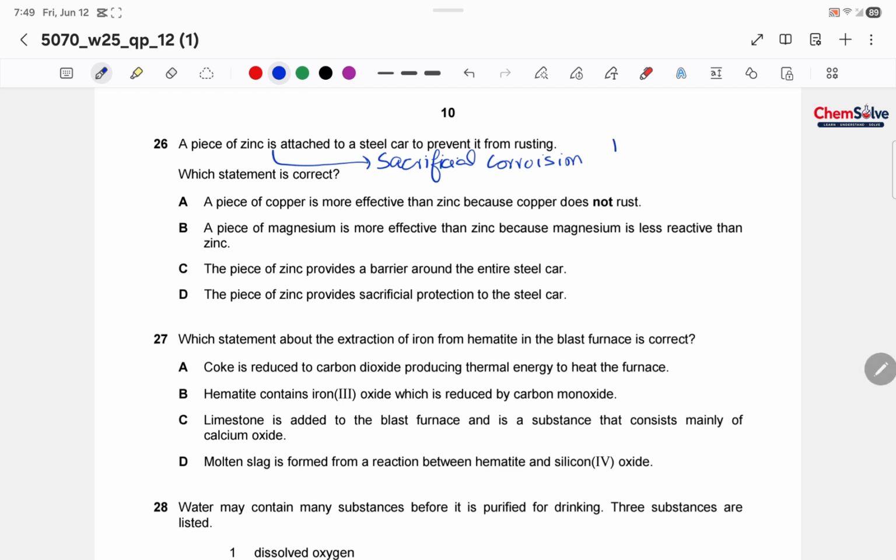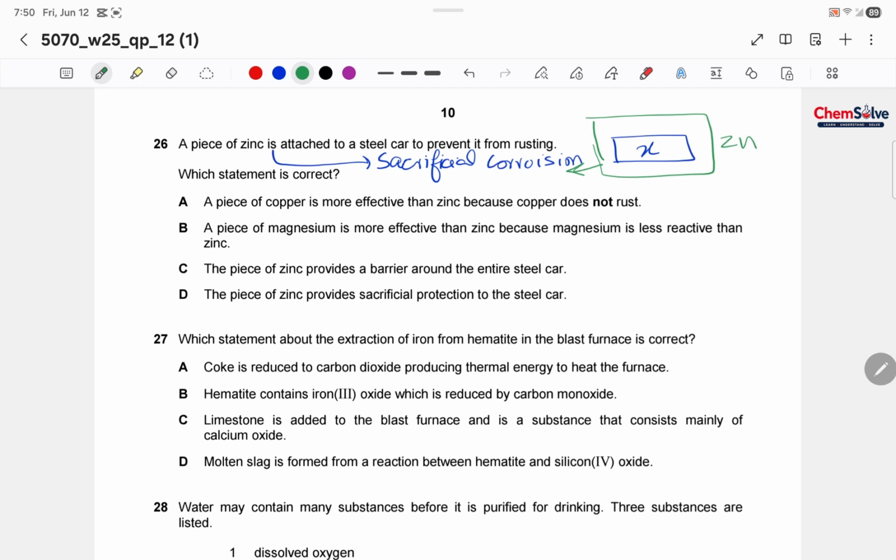So if there is some other metal, for example X, and we have surrounded it with zinc like this, zinc will corrode instead of X and it will prevent X from corrosion. This phenomenon is called sacrificial corrosion.